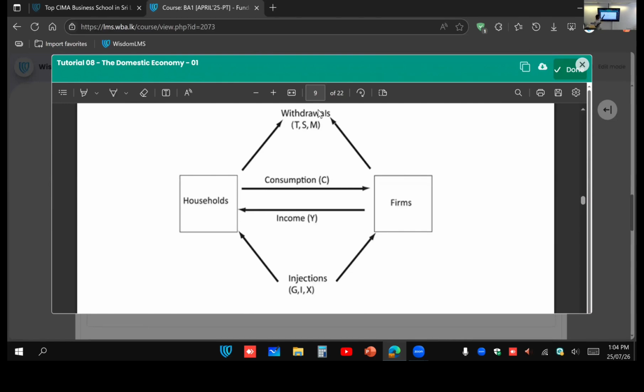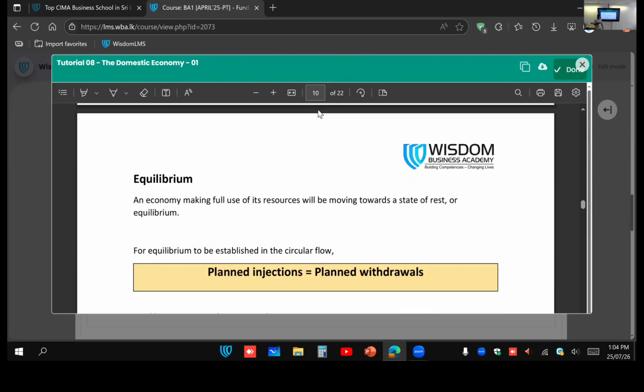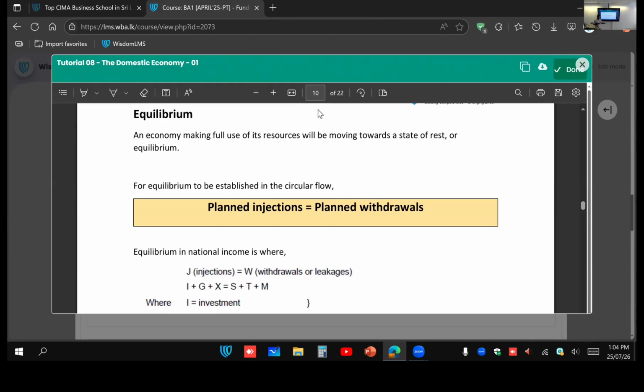Then we discussed equilibrium. Just like on an individual product level, where demand and supply should be equivalent to reach the equilibrium, at the national level also, planned injections and planned withdrawals should be equal for the economy to be in equilibrium, just like in a simple economy where income and expenditure, income and consumption, were equal.